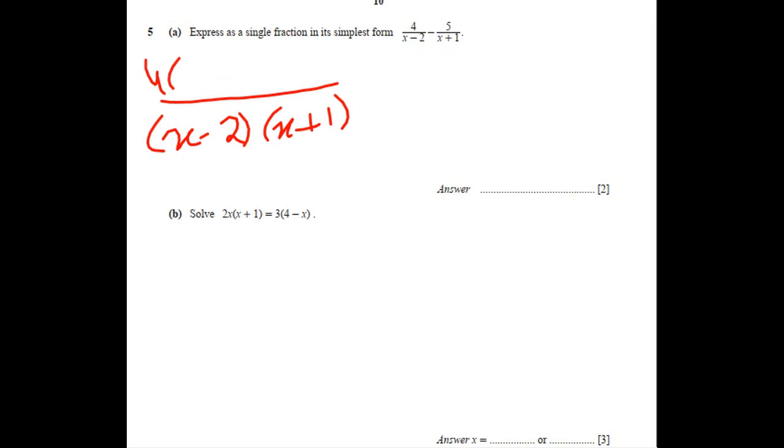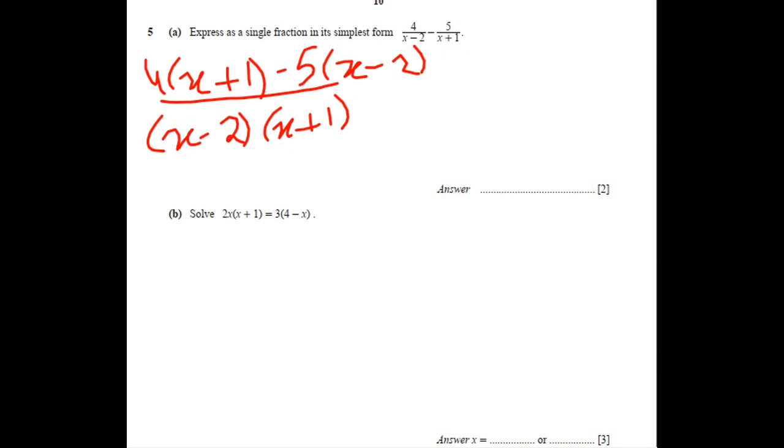Question number 5. A, express as a single fraction in the simplest form. So first we take the LCM, which will be x minus 2 times x plus 1, multiply 4 with x plus 1 minus 5 times x minus 2.